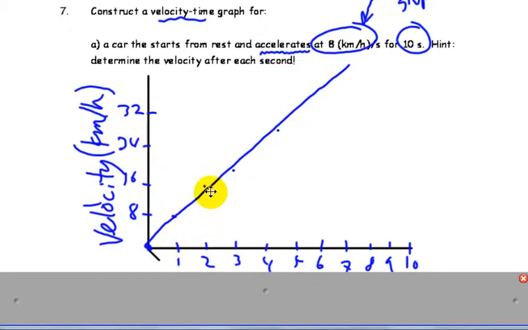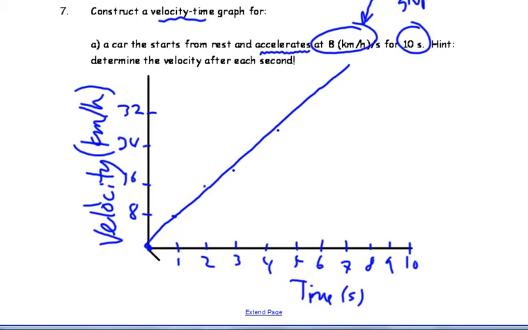After 2 seconds, 16. After 3 seconds, 24, etc. As every second goes by, your velocity increases by 8 each time. So it looks something like that. It's constant acceleration, so it's a straight line that's increasing to the right.